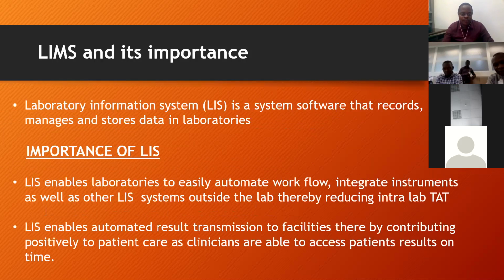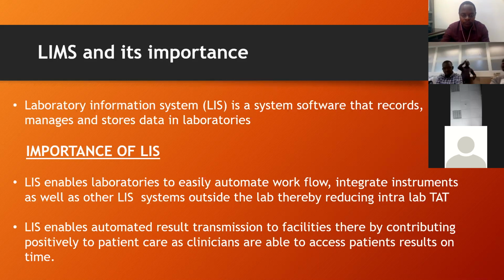So we'll go to the eLABS and LIMS packages that we have in Zambia, but first we're going to look at the LIMS and its importance. So the Laboratory Information System is a system software that records, manages, and stores data in laboratories. And the importance of this is that it enables laboratories to easily automate workflow, integrate instruments, both in the lab and outside.